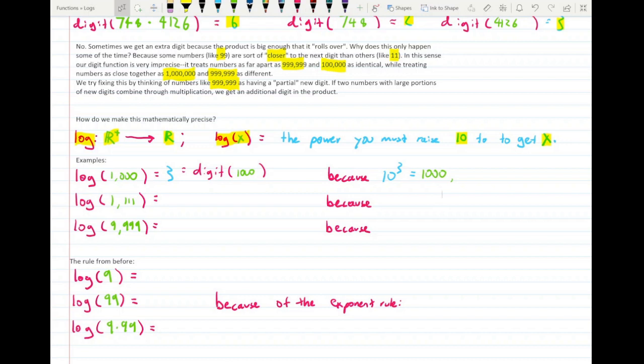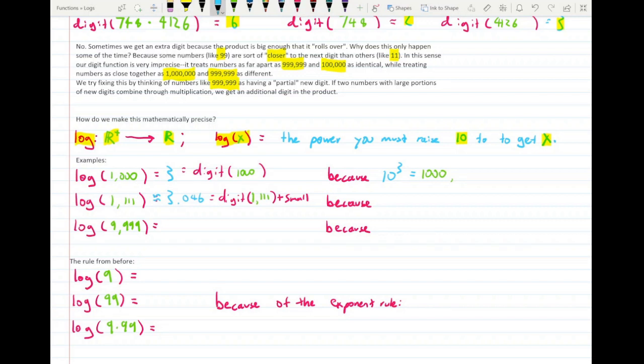Log of 1111 is not something you can easily do in your head, but on a calculator is equal to about 3.046. Notice that's equal to digit of 1111 plus something small, because 1111 is pretty close to 1000.